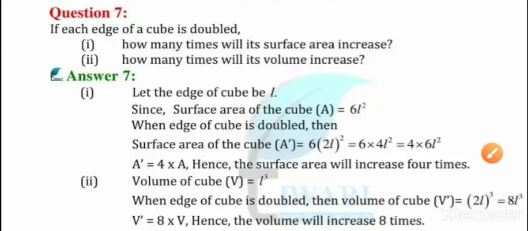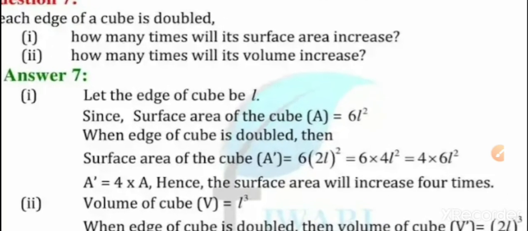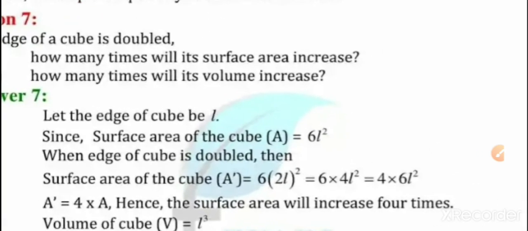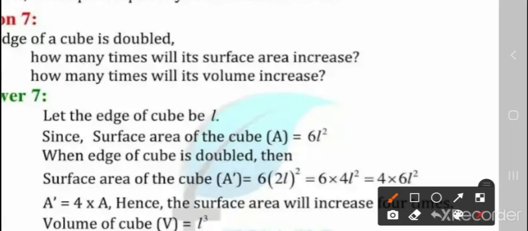Now children, question number 7. If each edge of a cube is doubled, how many times will its surface area increase? That is the first question. Second one, how many times will its volume increase? So the question is, if the edges of the cube are doubled, if it is 2 centimeter, it is doubling.